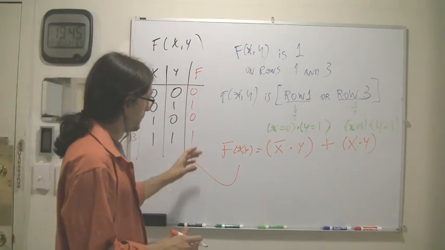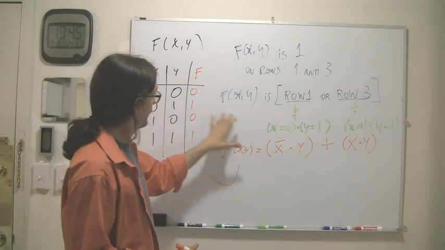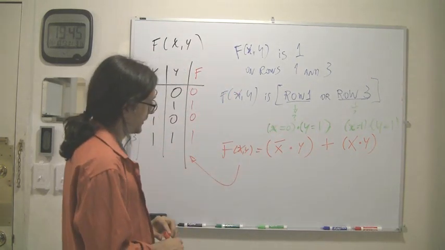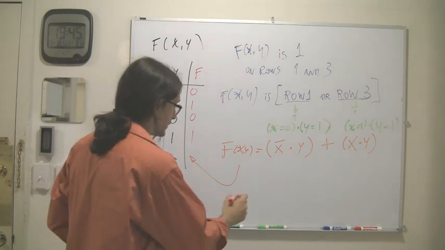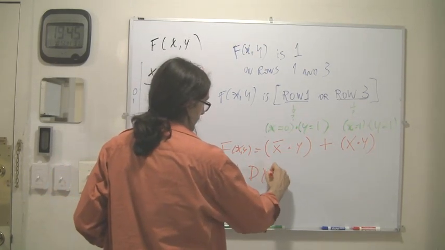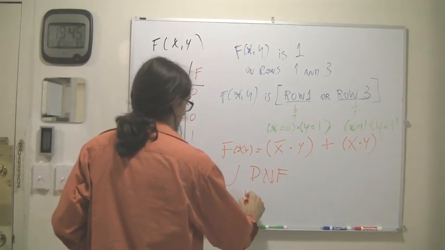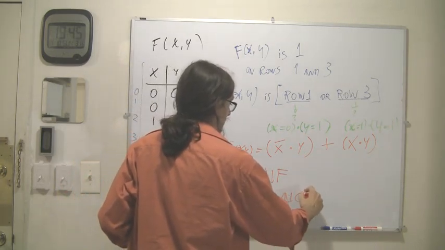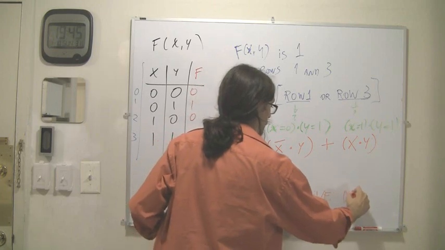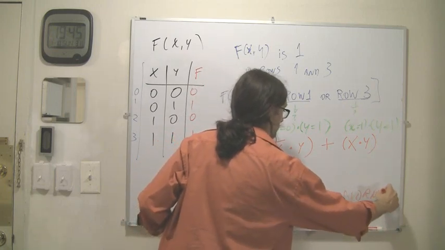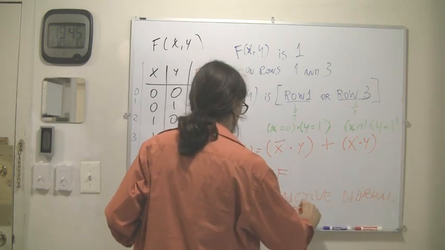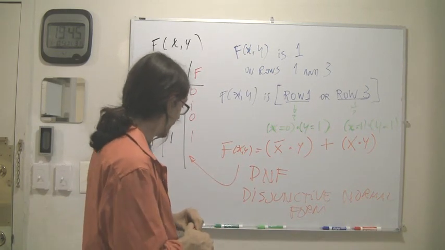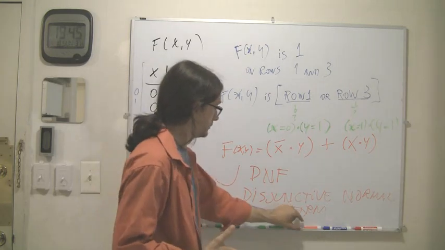So, this way of going from a truth table to an expression in Boolean algebra is called DNF, which stands for disjunctive normal form. Disjunctive here means disjunction, which is or.